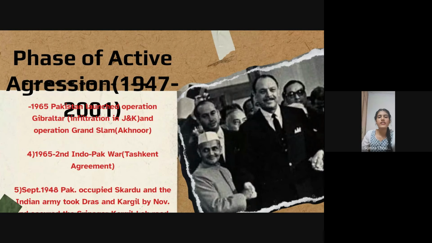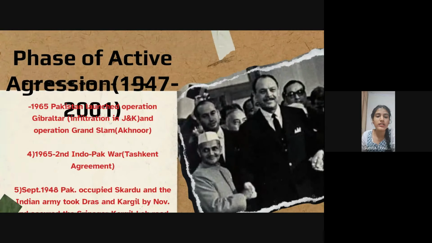Akhnur is strategically very important because it is the region which connects southern Jammu Kashmir to the Kashmir Valley. Through this, Pakistan wanted to cut off the Indian supply routes and communication routes, and also to isolate the Indian army in that region. Pakistan failed in this, otherwise it would have been a detrimental situation for India.